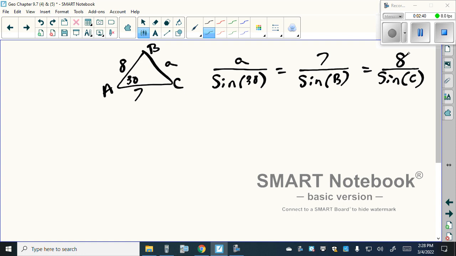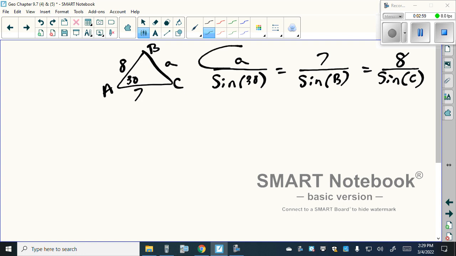Now, if we look at these three equations here, in all three, we're missing a unit. For the first one, we're missing a length, and for the other two, we're missing an angle. In none of these three do we have one that's completely filled out, so we can't use law of sines for this, given side, angle, side.